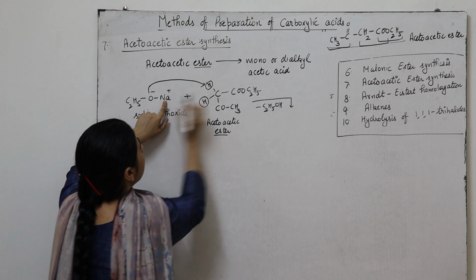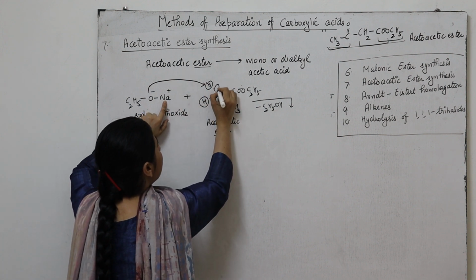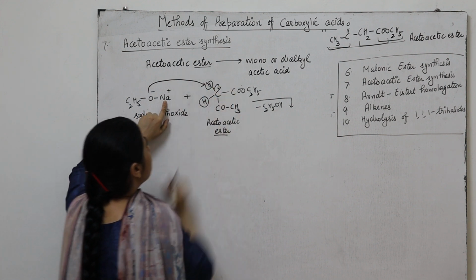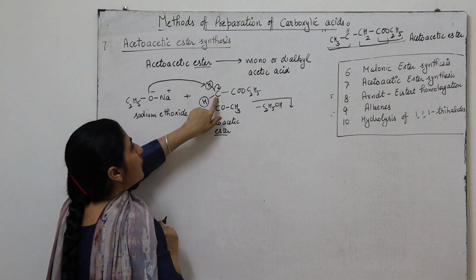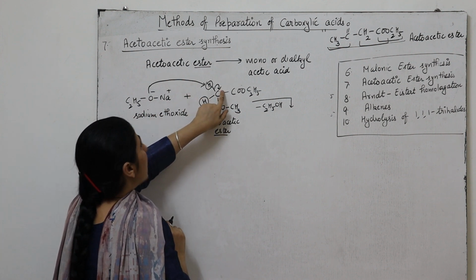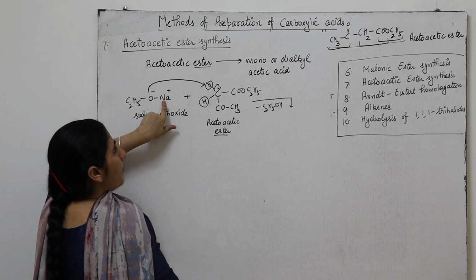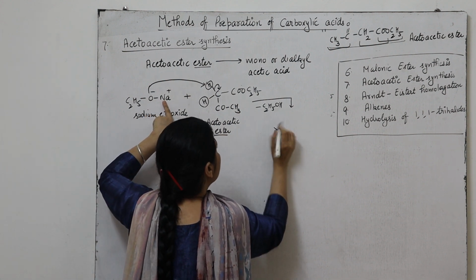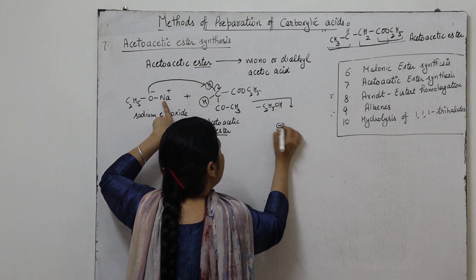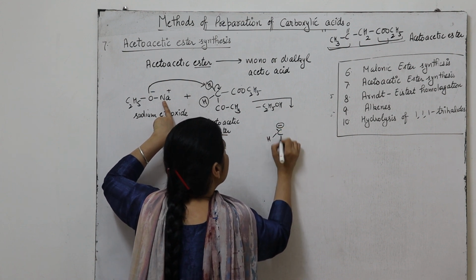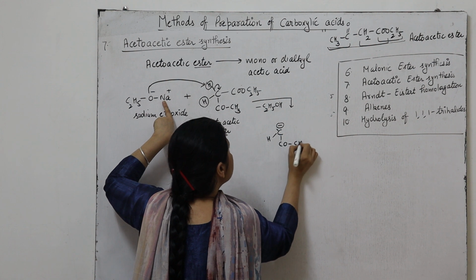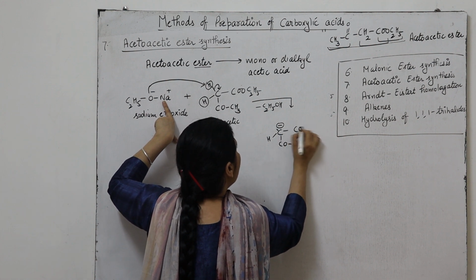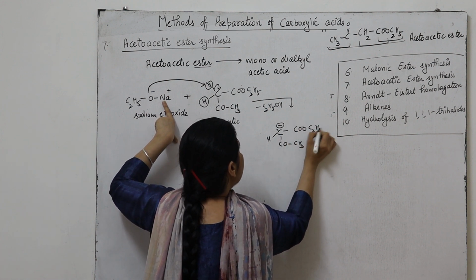When it attacks, there is a shifting of the carbon-hydrogen sigma electrons toward the carbon to form a carbanion, and this carbanion combines with the positive sodium metal. So in this case we get CH3CO CH negative COO C2H5.